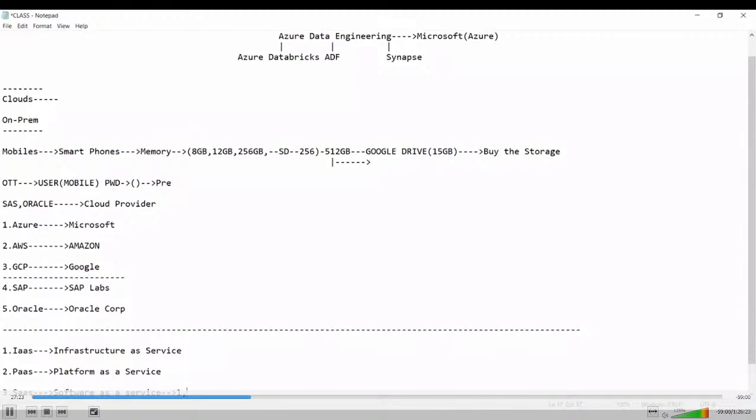Hourly, or daily, monthly, quarterly, likewise half yearly. So likewise, all the options are provided to you.